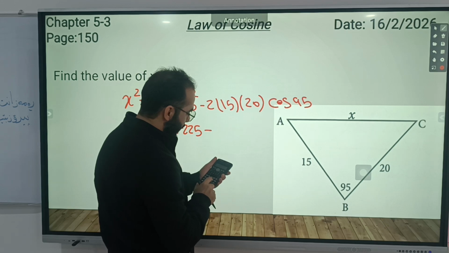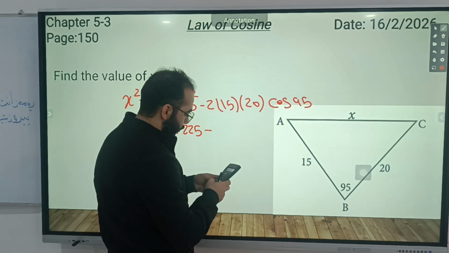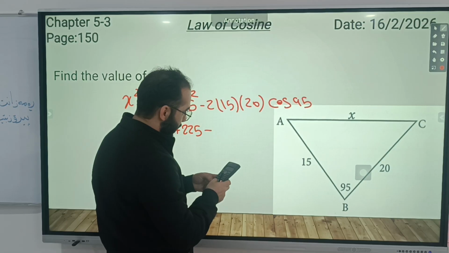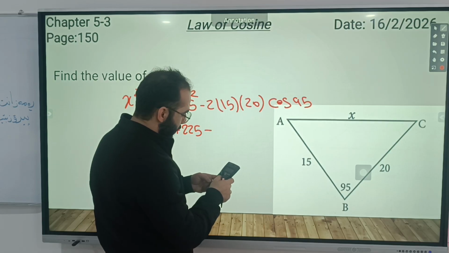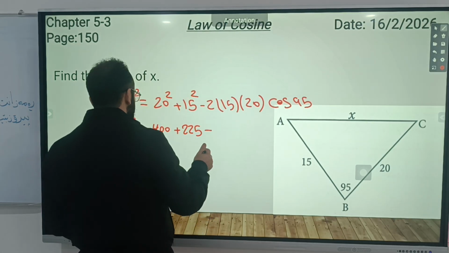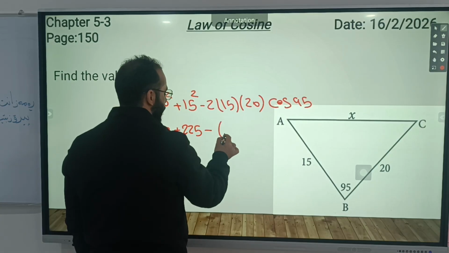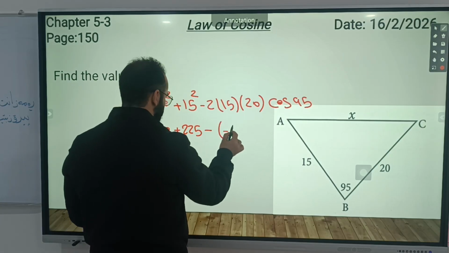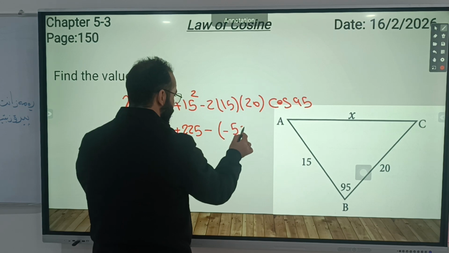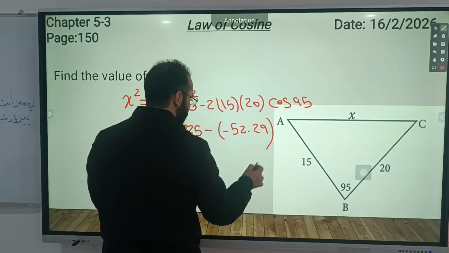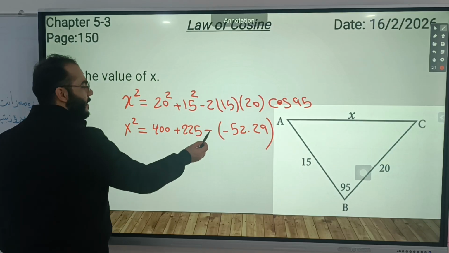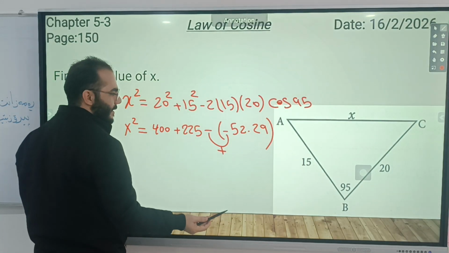The cosine of 95 equals negative 52.29. Very beautiful example. So this negative with this negative is going to cancel, which is plus.